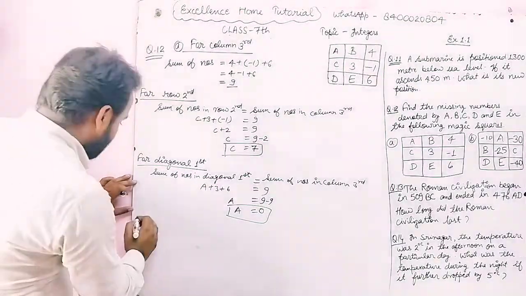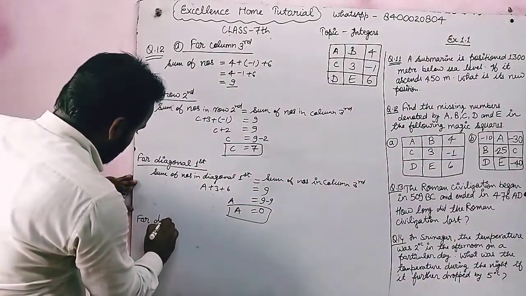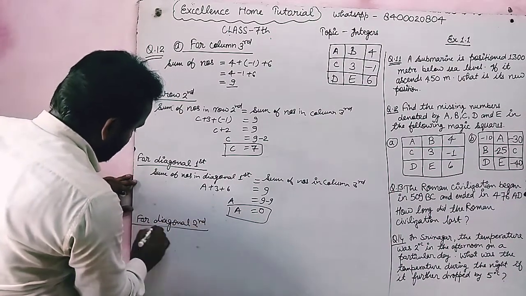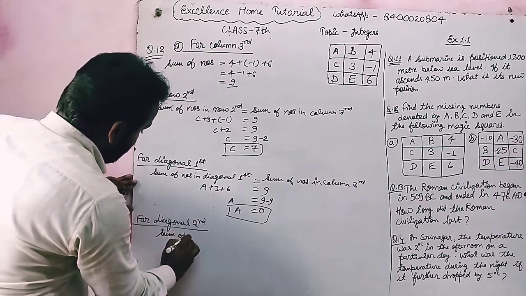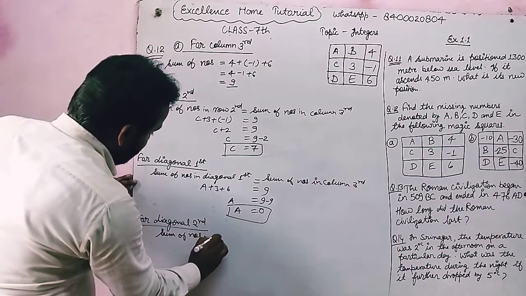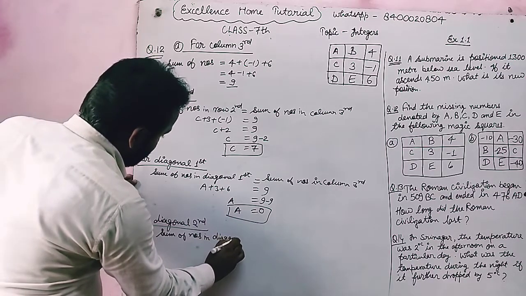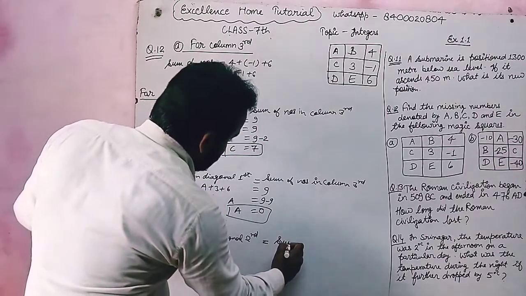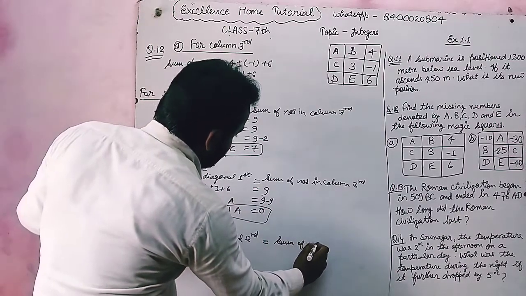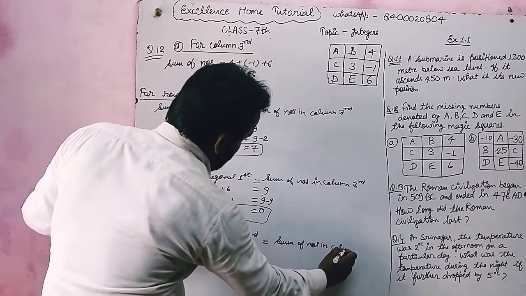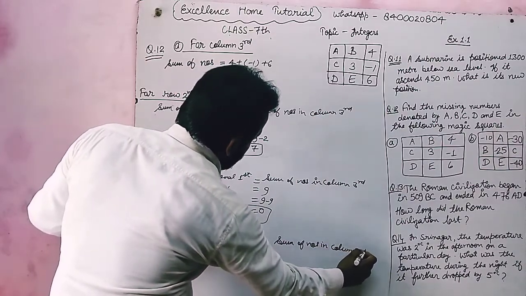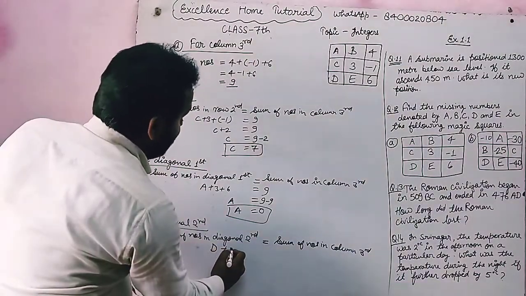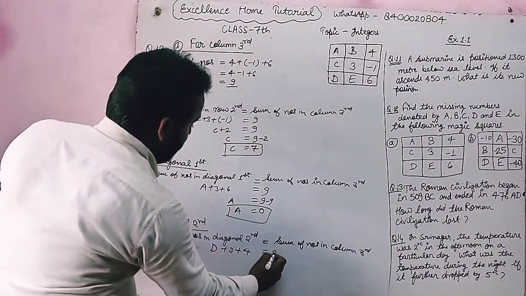For diagonal second, sum of numbers in diagonal second equal to sum of numbers in column third. So D plus 3 plus 4 is equal to 9.